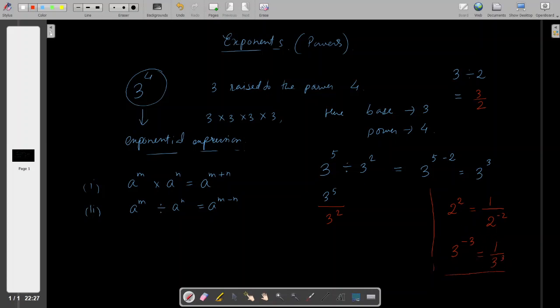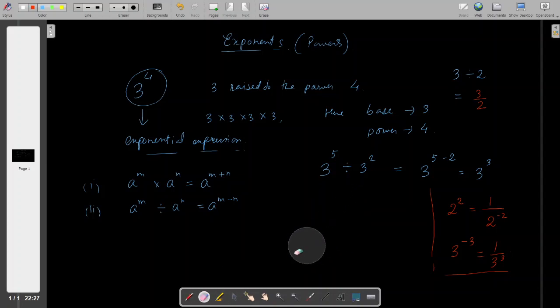If you take the reciprocal, then the sign of the power changes. I hope you have understood. So here what happens now? The divide sign is there.